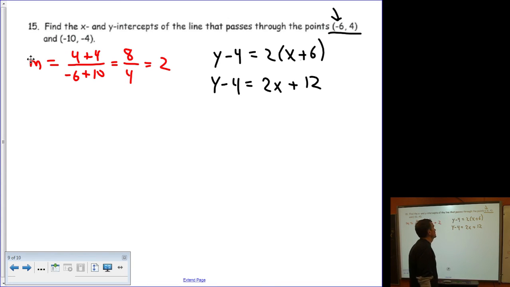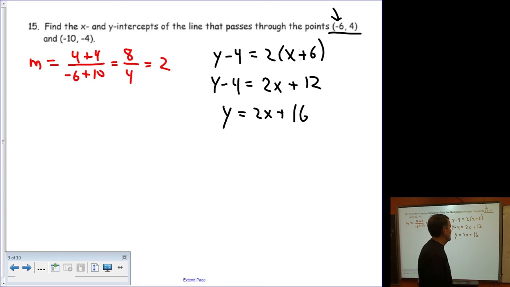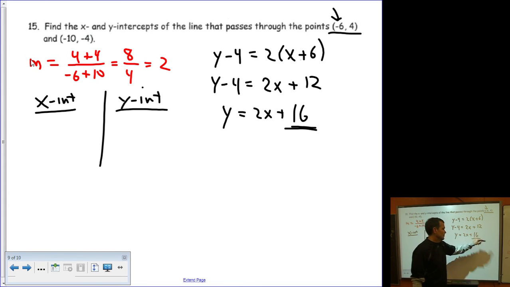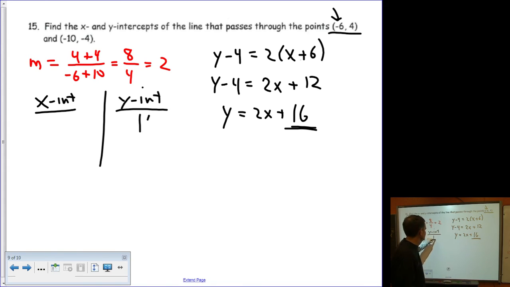So this is my equation. I could go ahead and finish it off and put it in slope-intercept form, I suppose, by adding 4 to both sides. I'm now in slope-intercept form. So the x-intercept and the y-intercept, well, I already know the y-intercept. The y-intercept is 16.